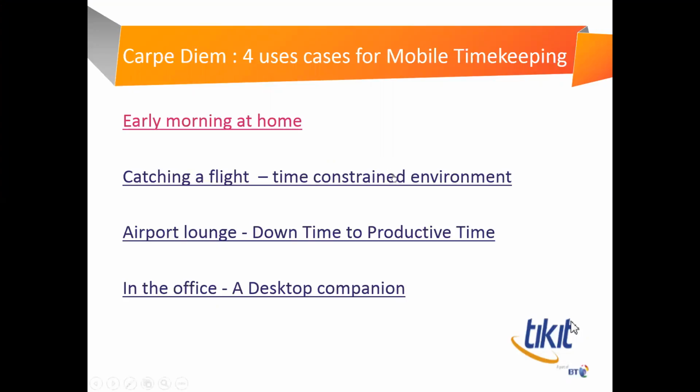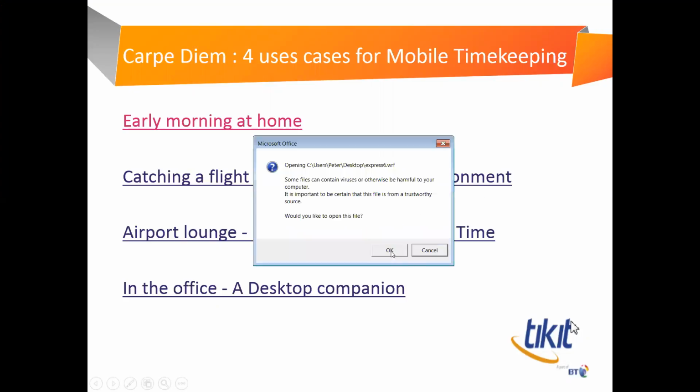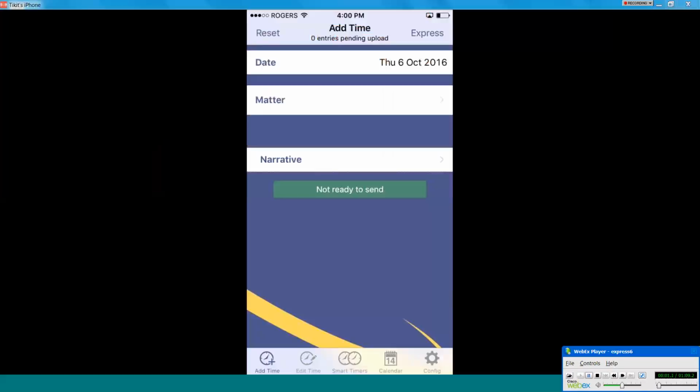So imagine, in a time-constrained environment, trying to catch a flight and trying to get some time in while you're engaging in a service delivery. What you notice in the application, upper right-hand corner, is Express. It's a toggle. By simply toggling to Express mode, it puts the device into a very, very simple state to capture the bare essence of a time entry, hence revenue, almost like a sticky note.